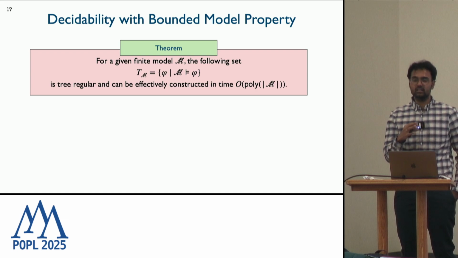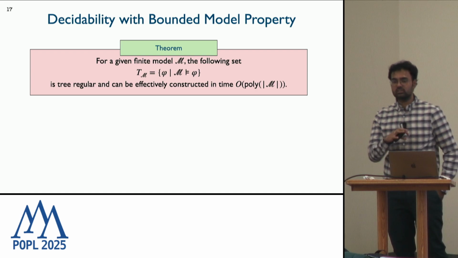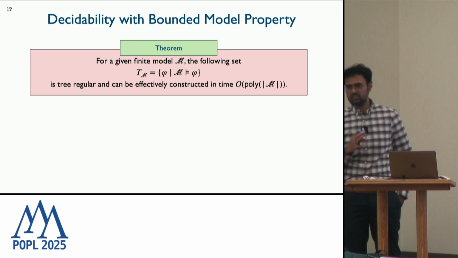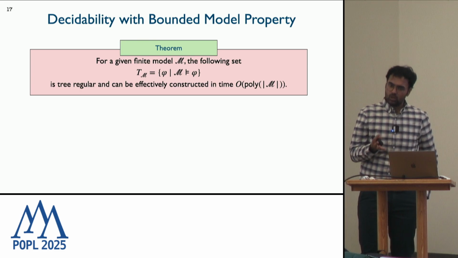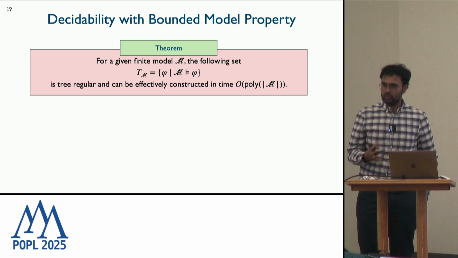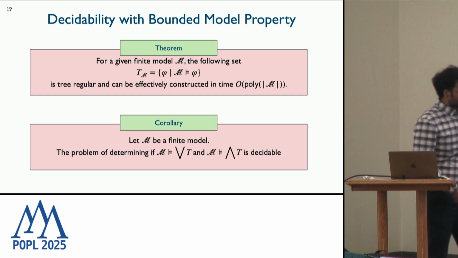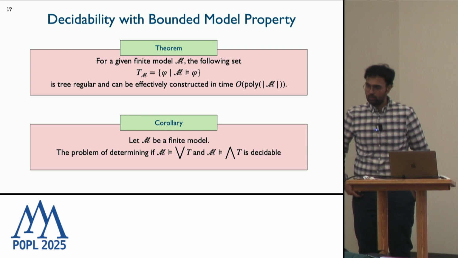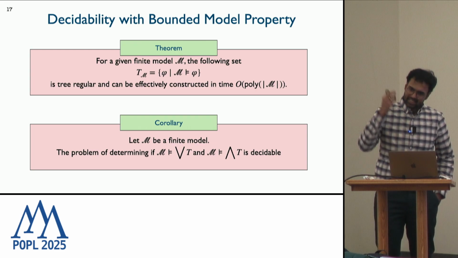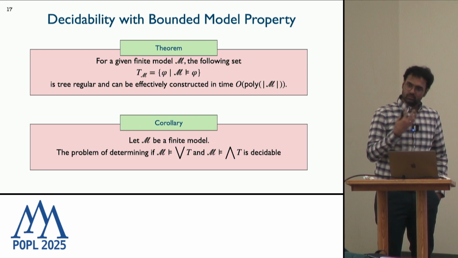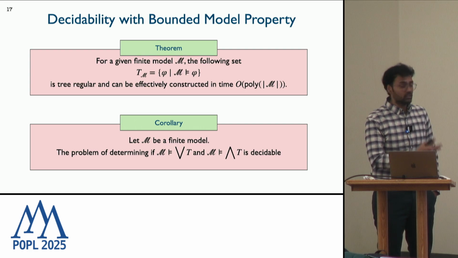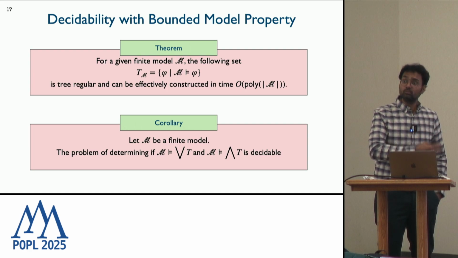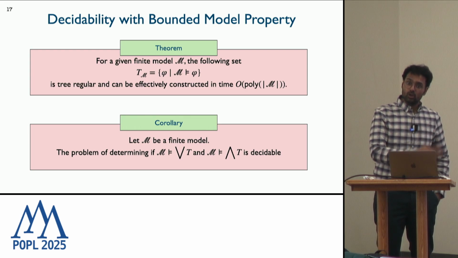Of course, the size of the presentation of this tree-regular set may depend on the size of the model, but if you fix the model, it's really a constant size automaton. And that gives you this intermediate property that if I take any theory, then I can, in a decidable manner, determine whether that model is going to be a common model for everything or a model for something in the language.